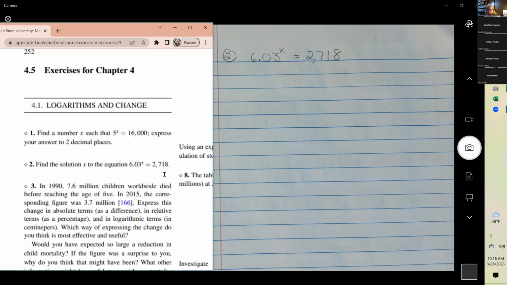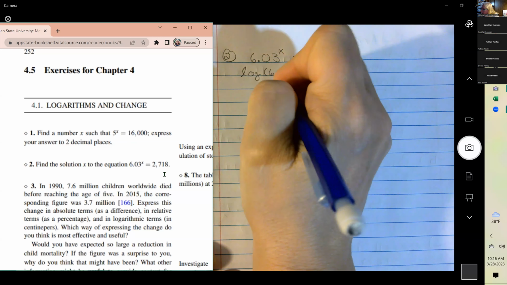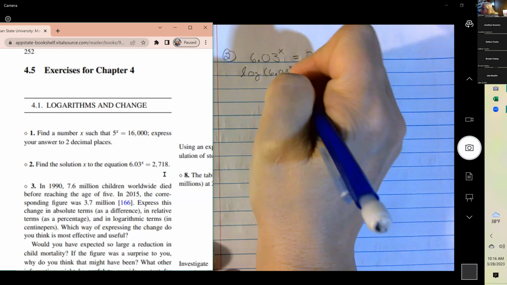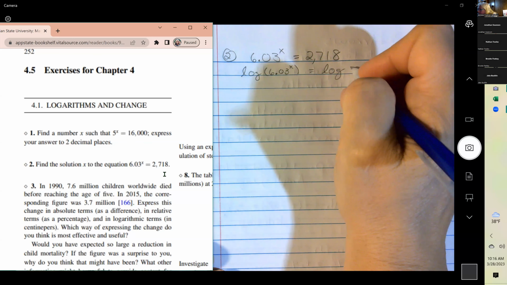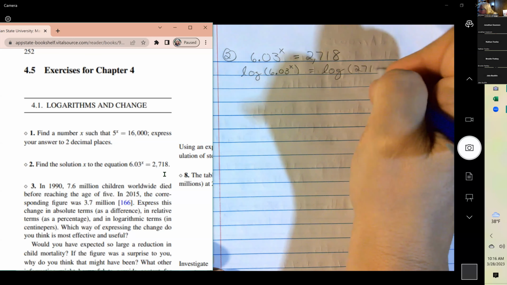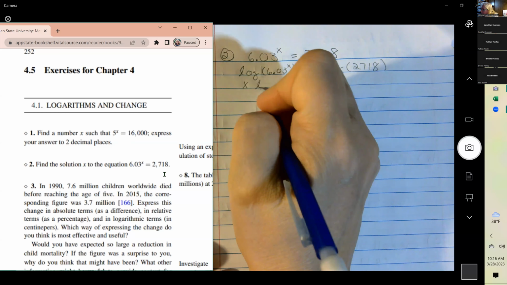Are we getting 4.40? We take the log of both sides. Then the exponent can come down in front.